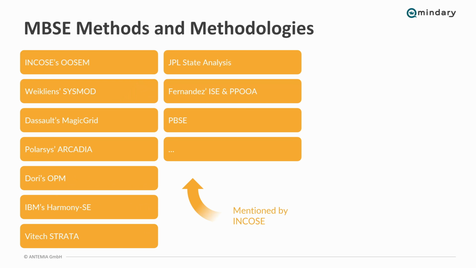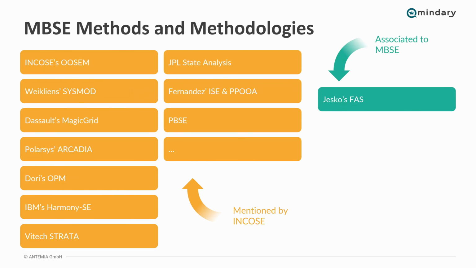But there are other, non-recognized architecting methods, which can be associated with MBSE but are not directly recognized by INCOSE, out there as well, and I want to give you an idea of some of them now. First we have the FAS, the Functional Architecture for Systems method by Eisenmann.